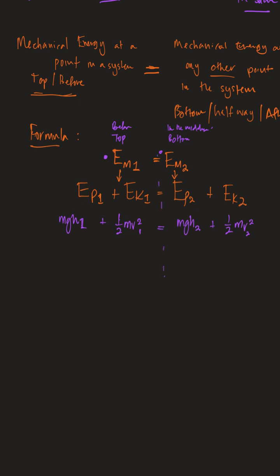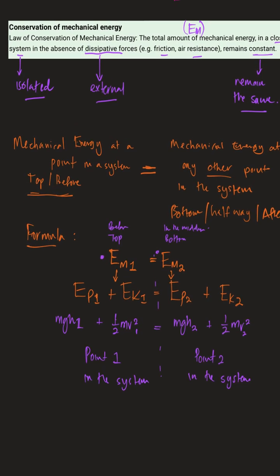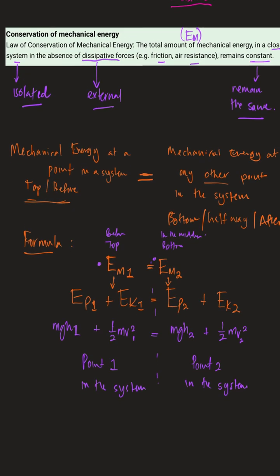This side of the equation is point 1 in the system, and this side of the equation is point 2 in the system. And that gives us our formula for the conservation of mechanical energy. This is the formula here.